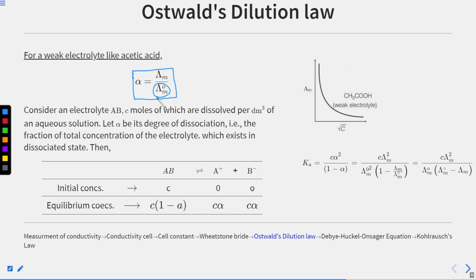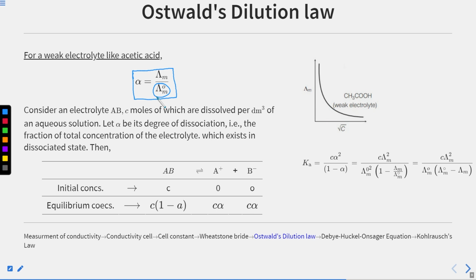That is our concentration or molarity of the aqueous solution. Now take alpha as our degree of dissociation, the fraction of the total concentration of the electrolyte which exists in the dissociated state. Alpha is the number of particles dissociated by the total number of particles.